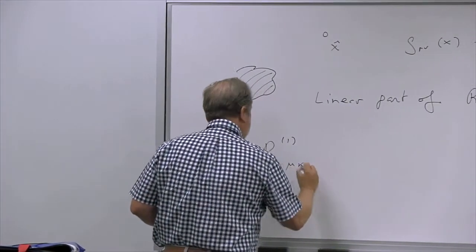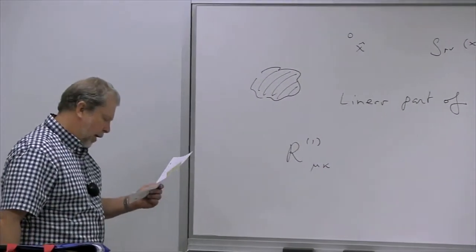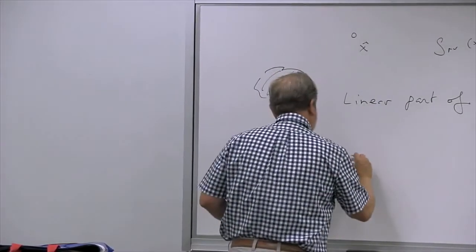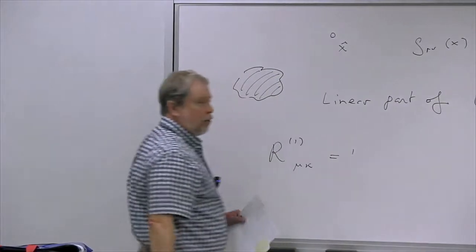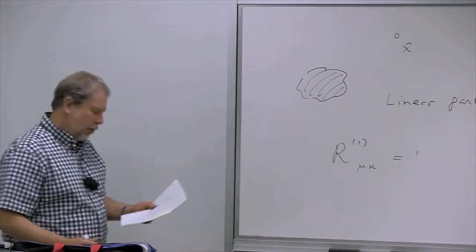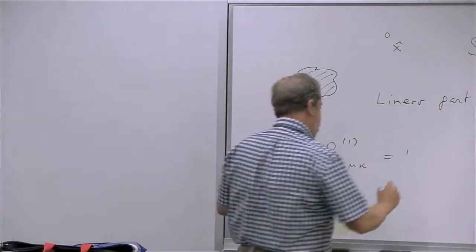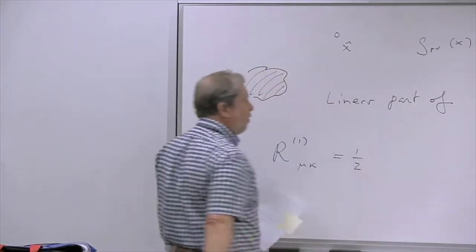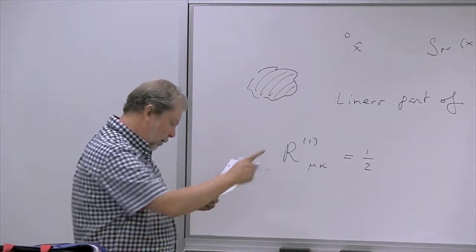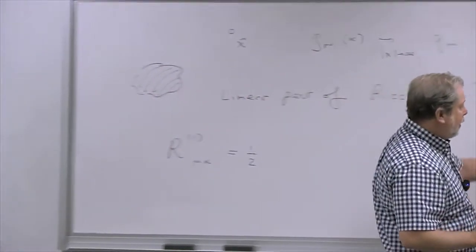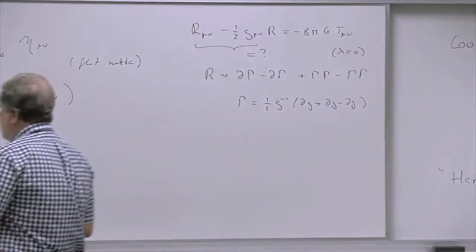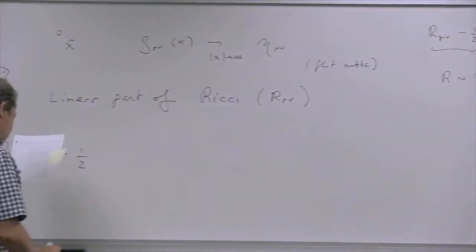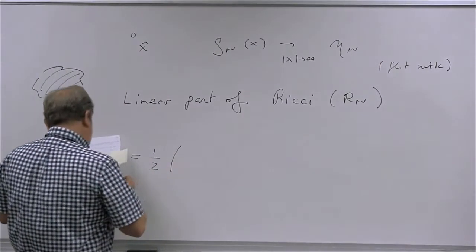R1, the linear part, will have indices mu and kappa. Using the definition, we now turn the crank and do a little bit of algebra. This is equal to 1/2 times various derivatives of h.